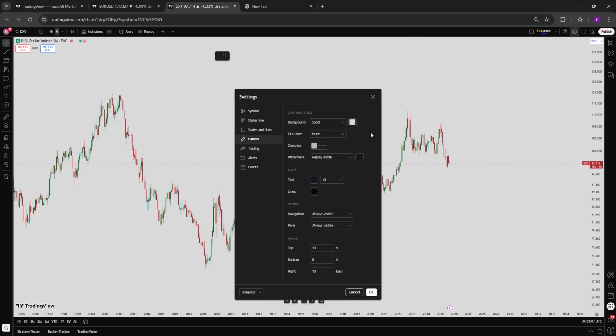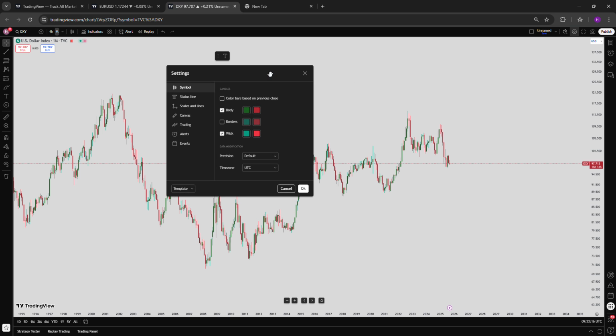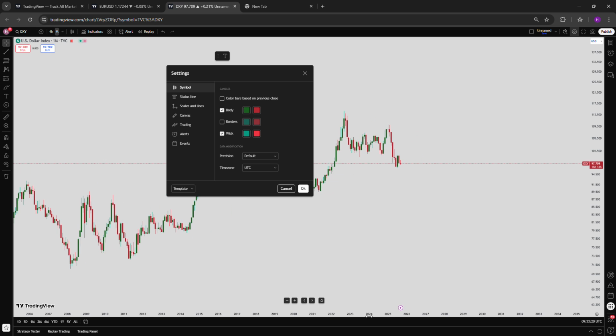Good. One other thing I want to bring to your attention is you can always change the way you see your candlestick. Let me zoom in a little bit. Every time the market goes up, we have green candles, and every time the market comes down, we have red candles, signifying buy, sell. You can decide you want it to change.